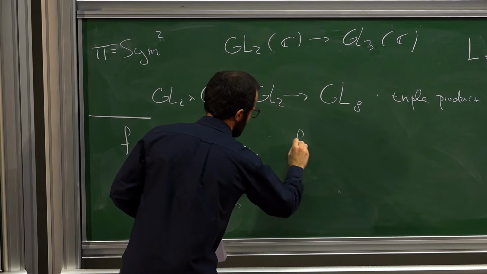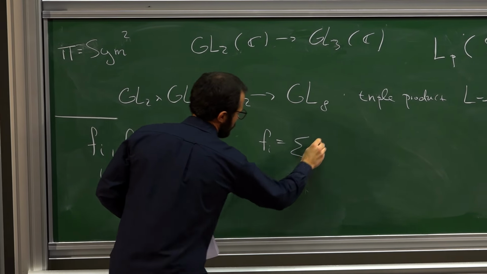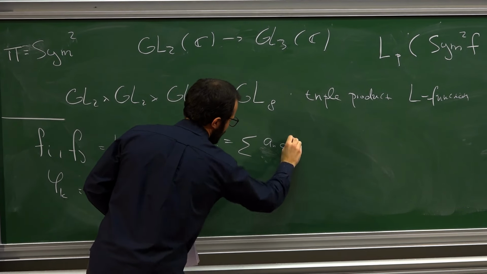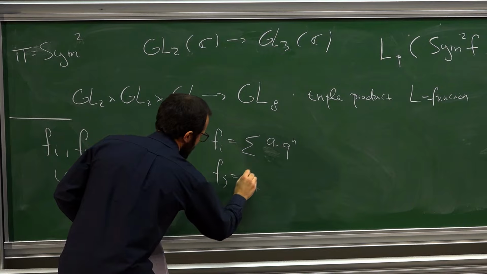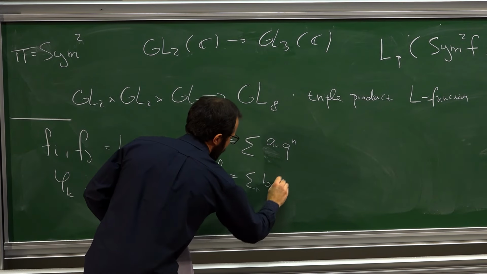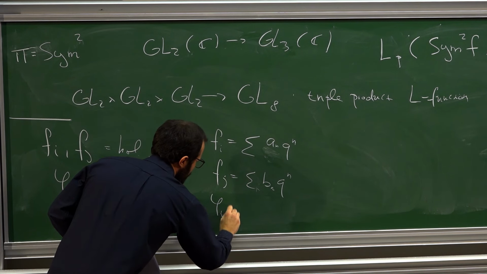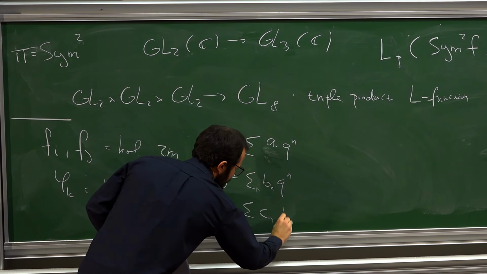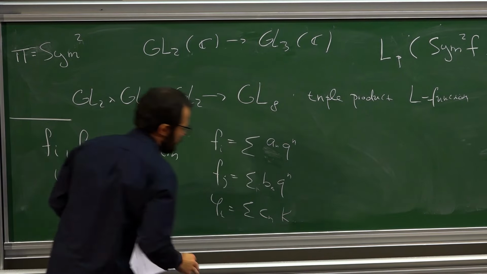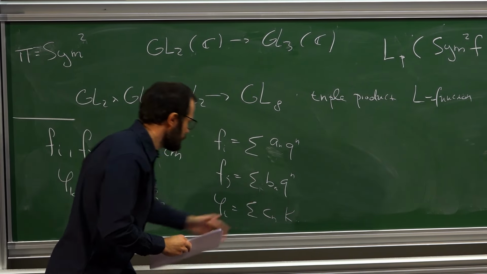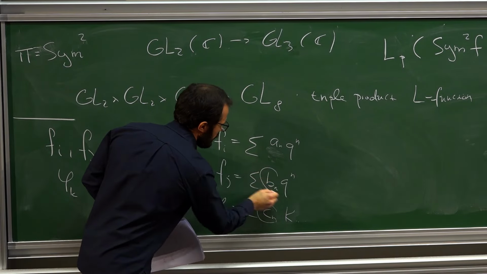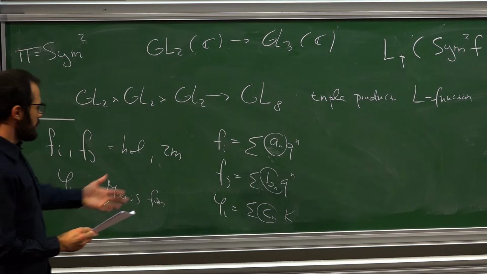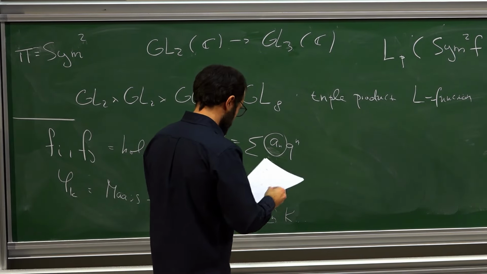The Fourier coefficients of f_i will be a, times q to the n. The coefficients of f_j will be called b. And those for phi will be called c. Here it's not quite q, but it's some Bessel function, if you've seen Maass forms, then you know what this is. Basically, they are just the coefficients in the Fourier expansion of the three objects. Then from these numbers, we can build a degree 8 L function.